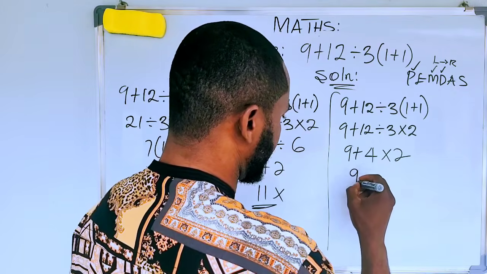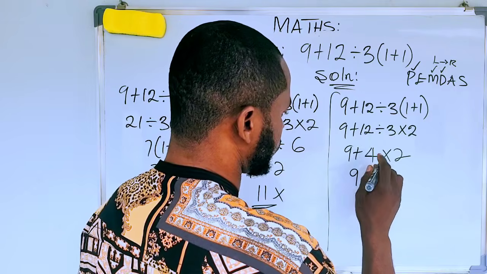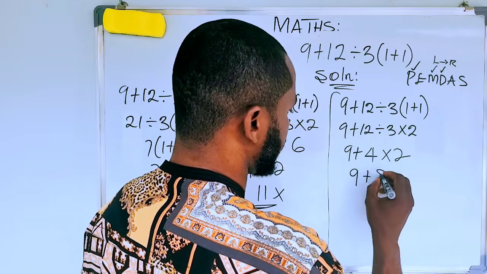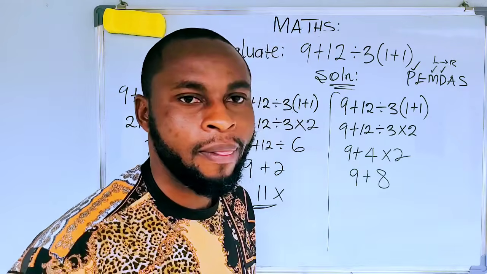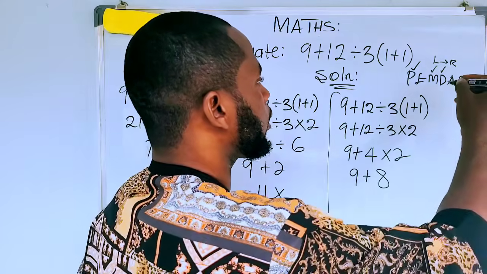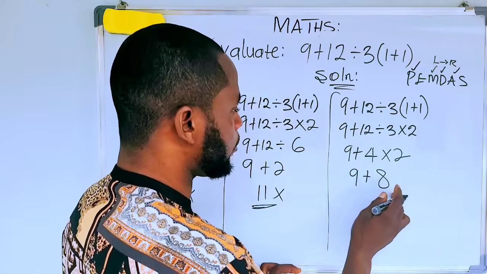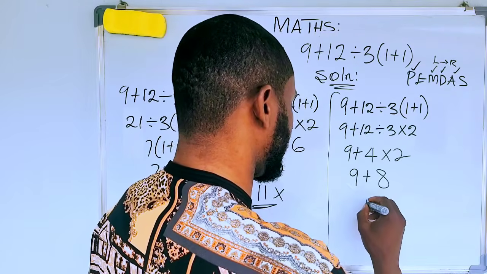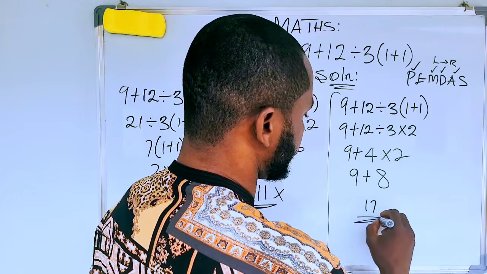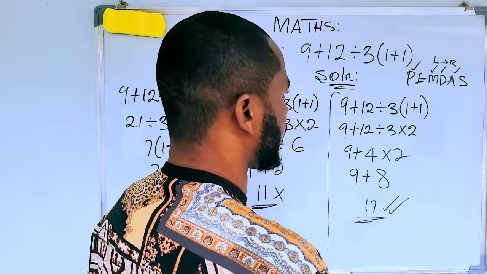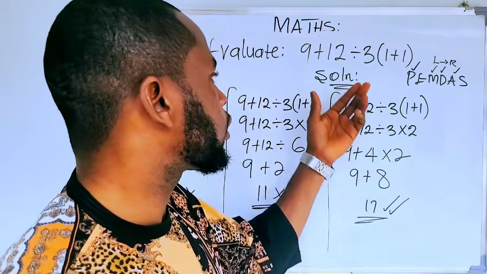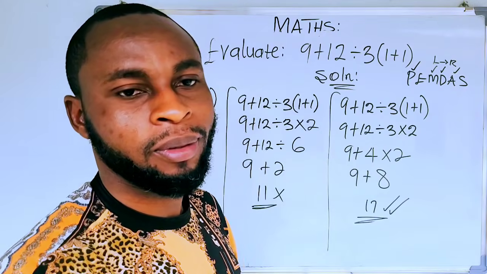Now we bring 9 here plus 4 times 2, that gives us 8. But lastly, we consider addition. Now 9 plus 8, that gives us 17. And this is the correct answer to this expression right here on the board.